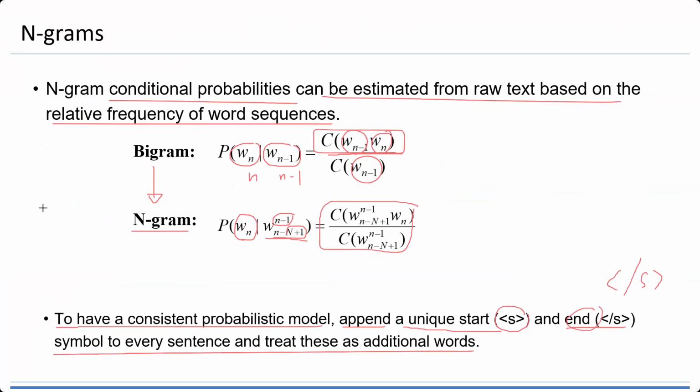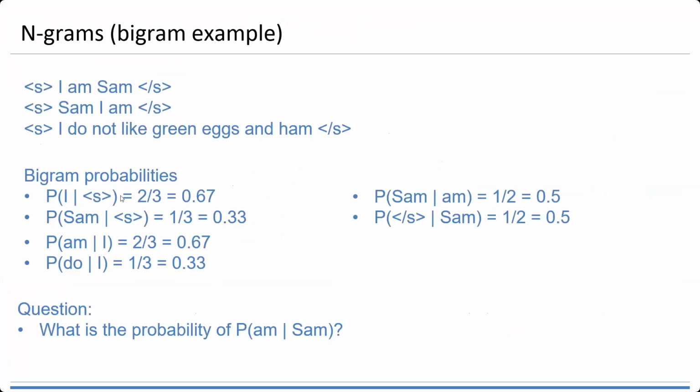Let's see with an example. I have 3 sentences. <s> I am Sam </s>. Okay, so this says this is the start of the sentence and this is the end of the sentence. The second sentence, we have <s> Sam I am </s>. The third sentence, we have <s> I do not like green eggs and ham </s>.